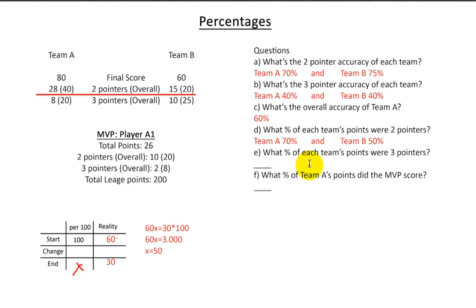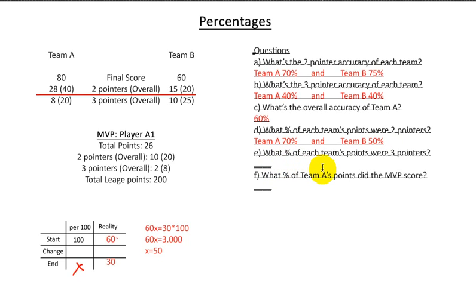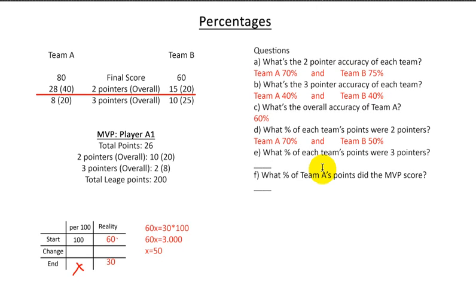What percentage of each team's points were 3-pointers? Now, we could do the same thing we just did, just for the 3-pointers. Or we could just say, well, they're either getting their points from 2-pointers or 3-pointers.